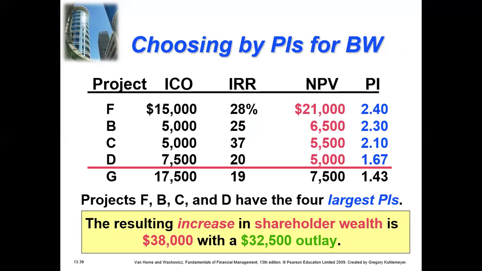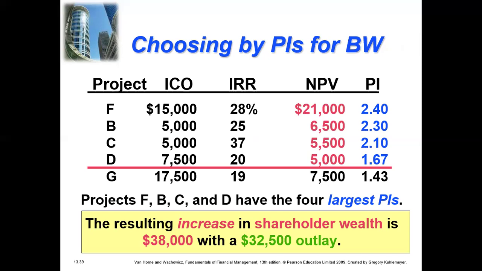The investment for project F, 15,000. For project B, 5,000. For project C, again 5,000. For project D, 7,500. The total investment is 32,500 for these four projects, and they are having maximum profitability index 2.4, 2.3, 2.1, and 1.67.